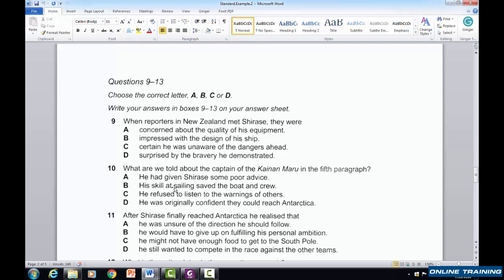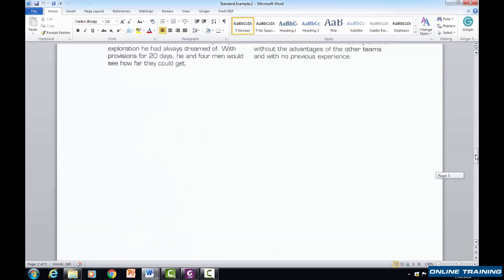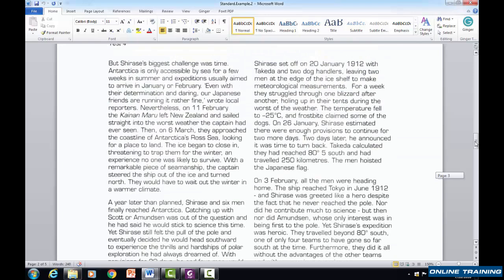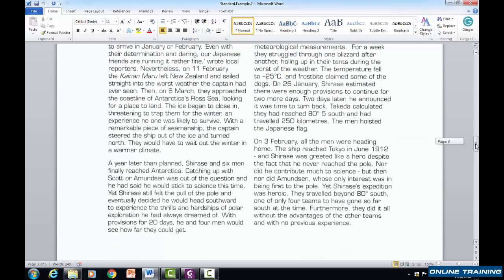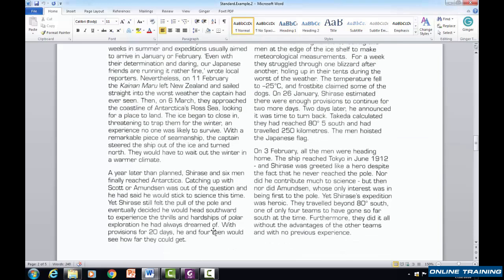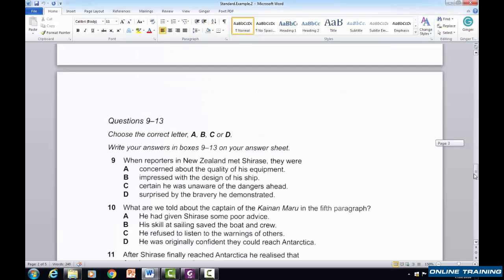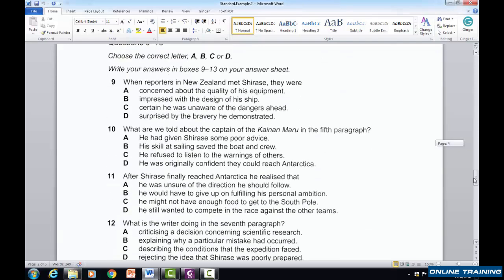All right, next, when we look at number 11, it says, after Sharice finally reached Antarctica, he realized that. So key words here are finally reached Antarctica. When he finally reached Antarctica, what did he realize?